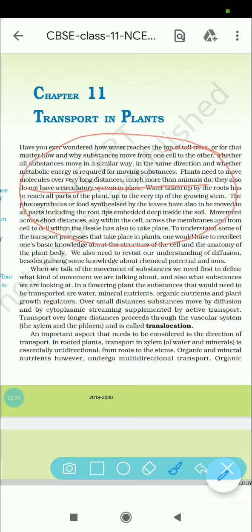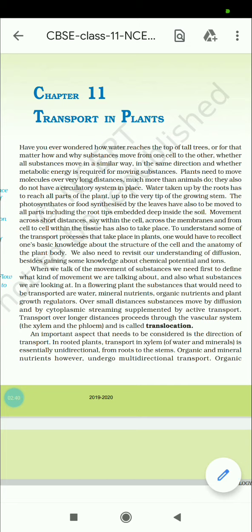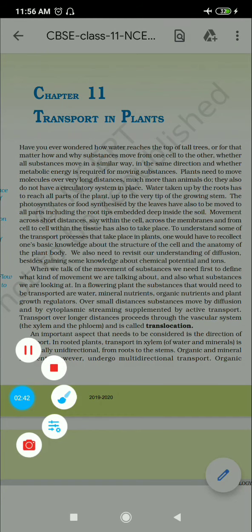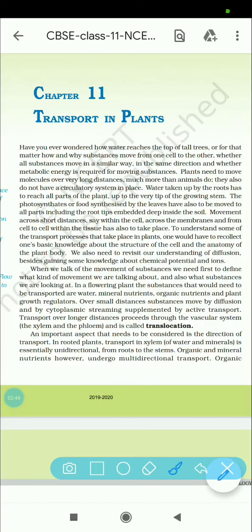Then photosynthesis mainly occurs in the parts which are green. So green parts mainly synthesize the food, or they form what is termed photosynthates. It is formed in leaves, and then it has to be transferred across the plant body to the other parts.